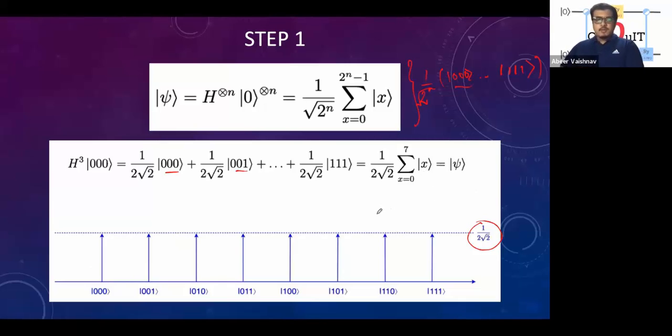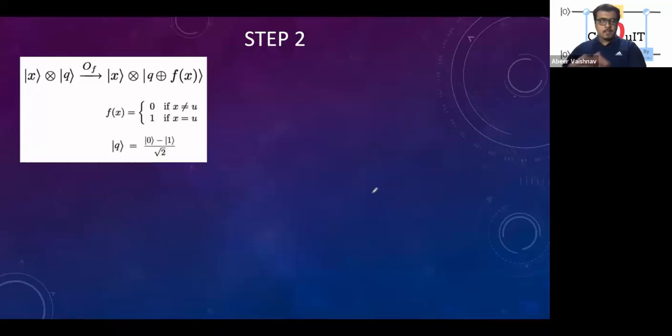The next step is implementation of the oracle function. This oracle function is designed in such a way that it implements this particular function where f(x) equals 0 when x is not equal to some marked state u.